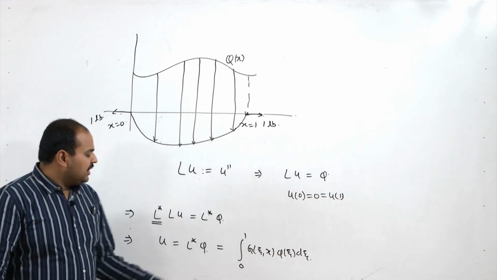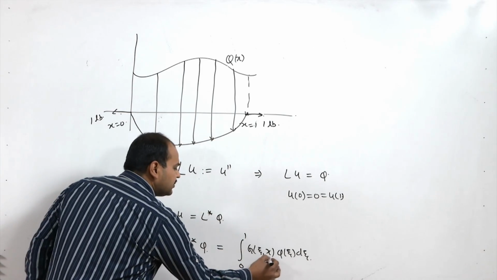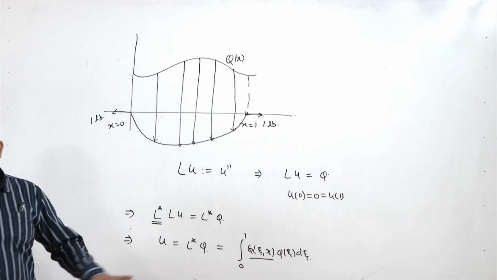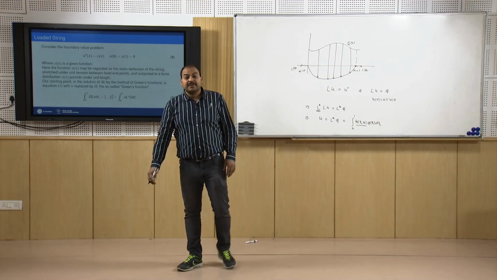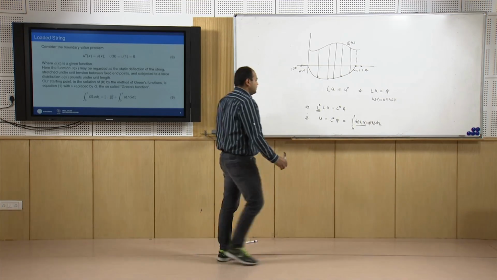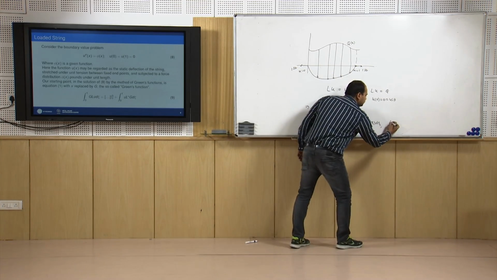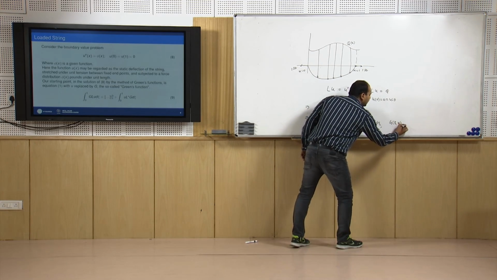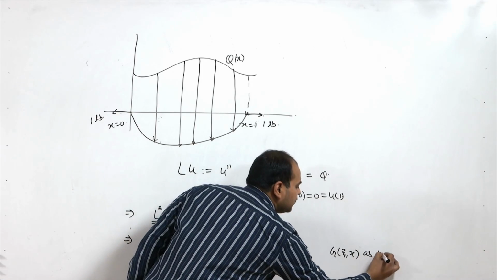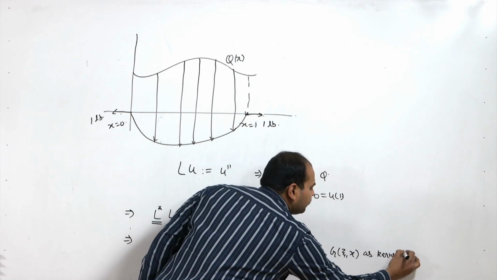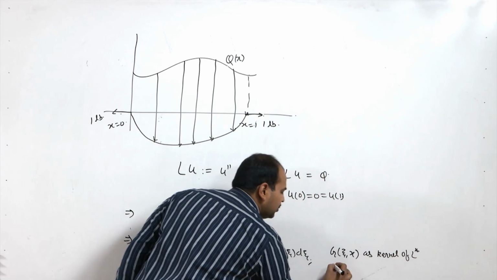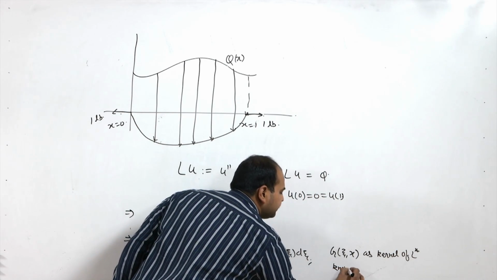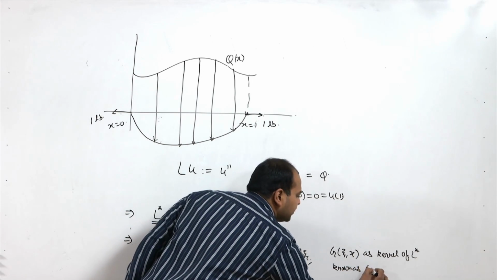Now I can say that this g(xi, x) is the kernel of this L star, and commonly known as Green's function.